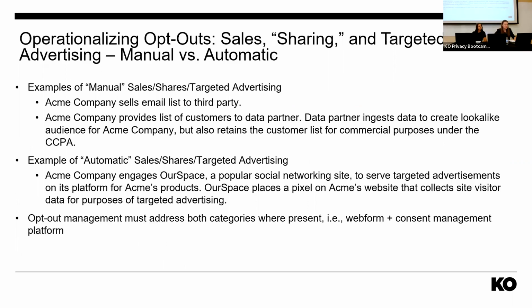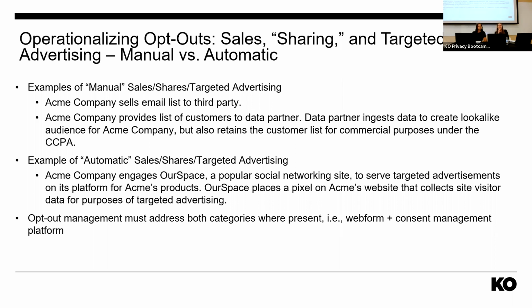And one thing I flagged as we were discussing the last slide: it's important for businesses to think about this. We focus a lot on the collection of data by cookies and tracking pixels, by advertising providers and analytics providers, as constituting a sale or a share for targeted advertising purposes. But it's important to remember that there are also manual ways that a lot of businesses sell or share data.